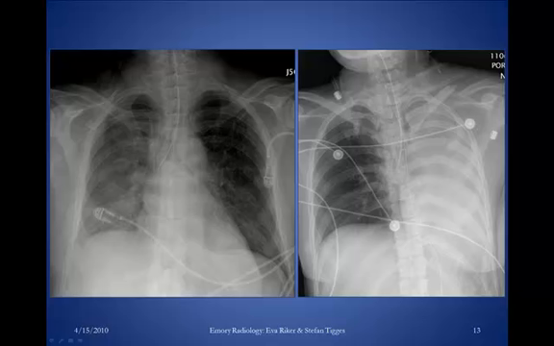Again, you'd like the tip to be projecting between the two clavicular heads, and that would cure the patient's abnormality. These are different patients. Note that the patient there that's on the right has a fracture of the left clavicle. So these are in fact different patients, but this is supposed to illustrate the consequences of a right main stem intubation.